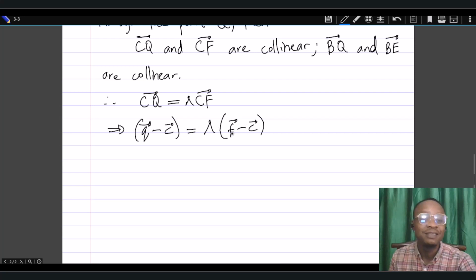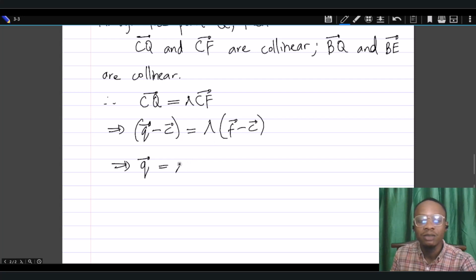So we have this relation. If we make Q the subject here, this is just a bracket with nothing multiplying it outside, so we can ignore the bracket, then move C to the other side.